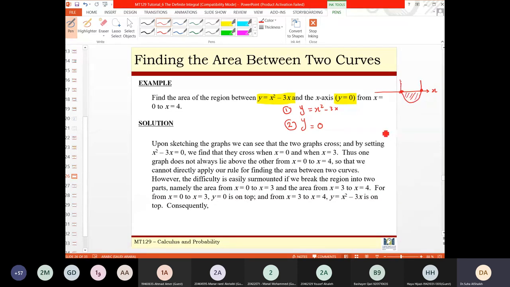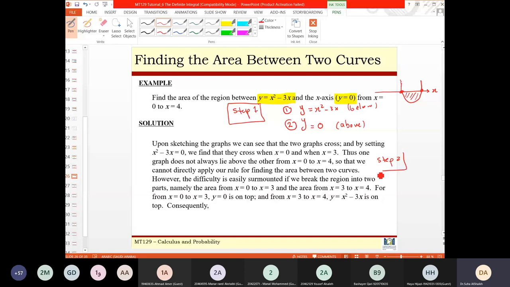The x-axis is above. So this one is above and this one is below. So I have decided who is above and who is below. I can then say that this is the first step.